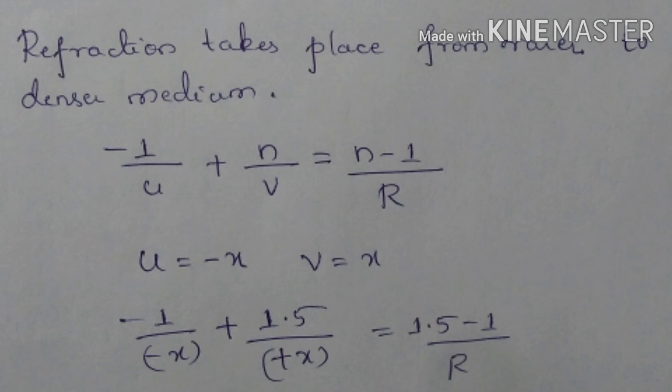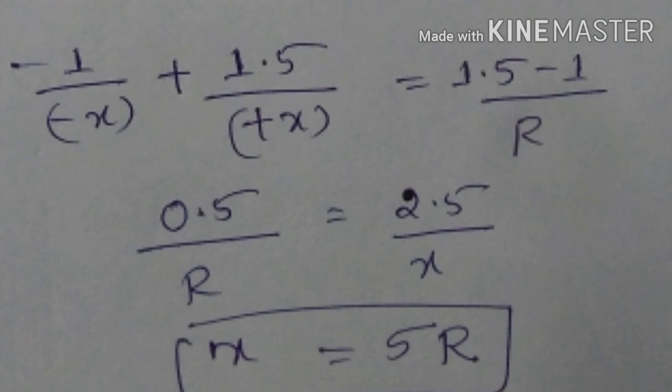Let us solve this equation. Minus 1 divided by minus x plus 1.5 divided by x is equal to 1.5 minus 1, that is 0.5, divided by R.